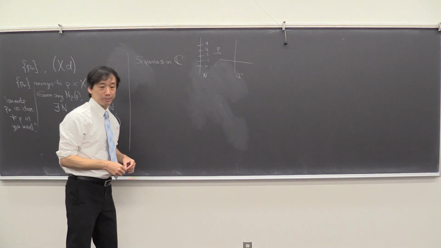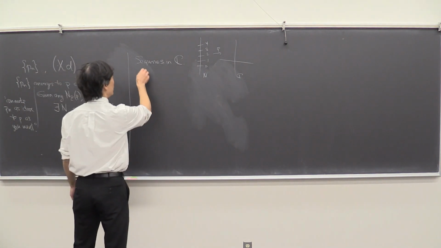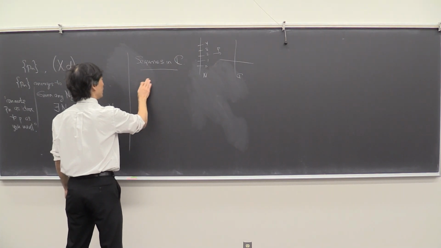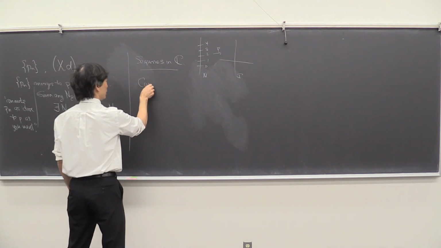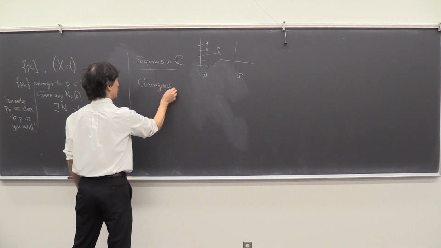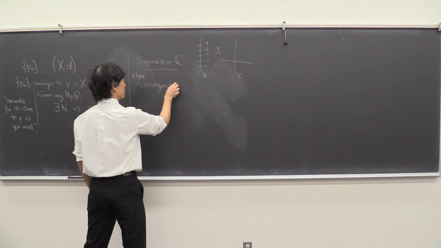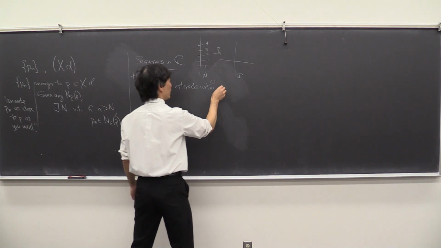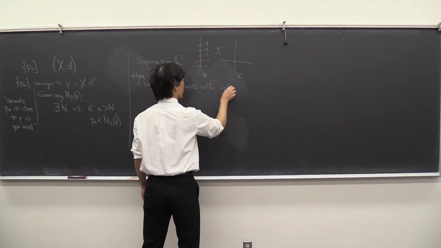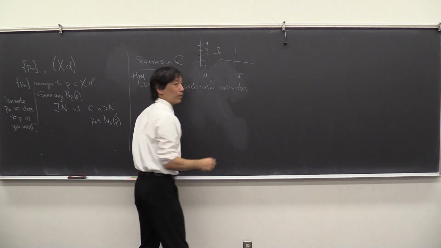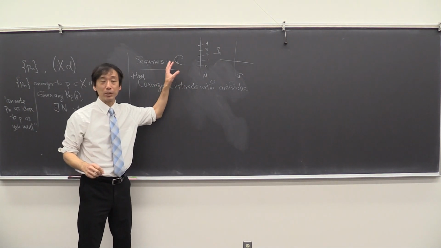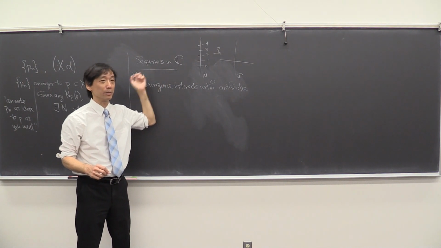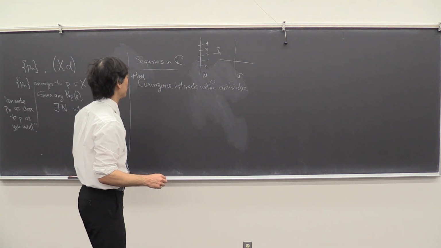So the first thing we'll talk about is how convergence interacts with arithmetic, because the complex numbers are not just a metric space, but a field. So you can add things, you can multiply things, you can divide and stuff like that.